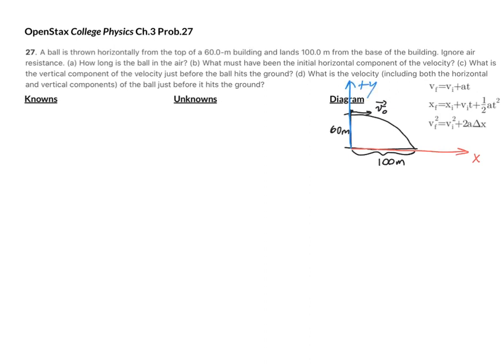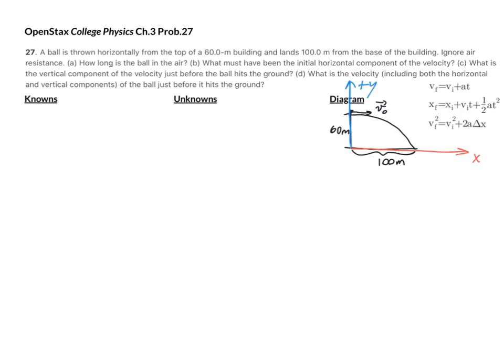This way I can see that the origin of the coordinate system is at the base of the building, which means that the object starts from an x of 0 and a y of 60, and then the ball will land 100 meters in the x direction, and it will have a final y of 0.